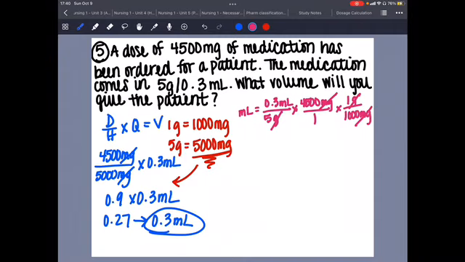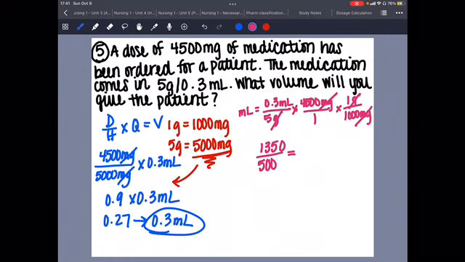And then you just multiply across. So you got 0.3 times 4,500. And you should get 1,350. And then you should get 5 times 1,000. Divide by those two.